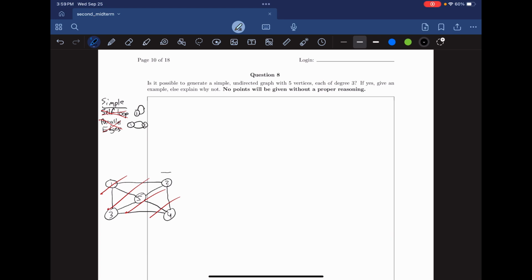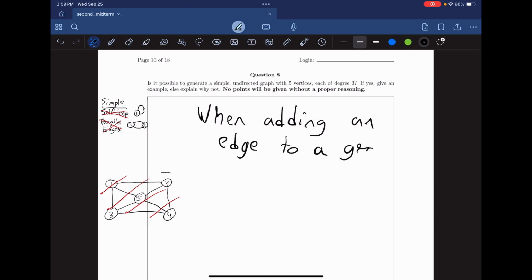So whenever we add an edge to a graph, there is a certain change that edge makes to the total number of degrees in the graph.